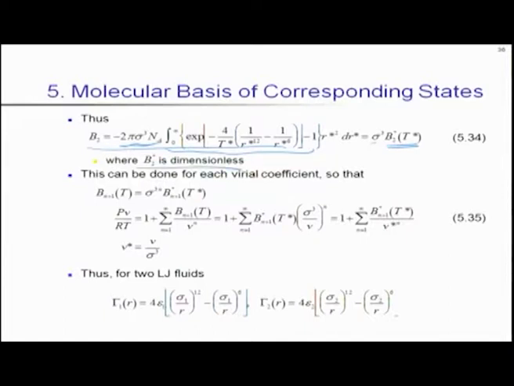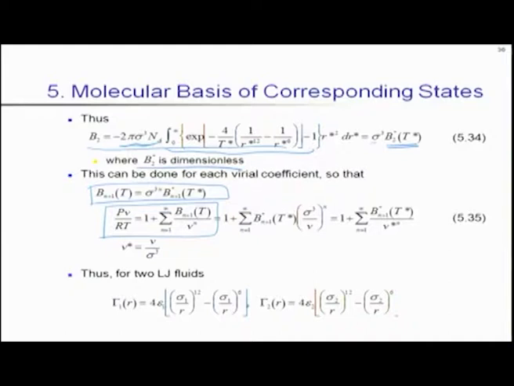Now, if you extend this exercise for B3, B4 and so forth, then one can show that B(n+1), okay, is equal to sigma to the power 3n multiplied by the reduced virial coefficient, okay, of higher order or (n+1)th order. And now this understanding I can plug in this virial equation of state, which is written here.